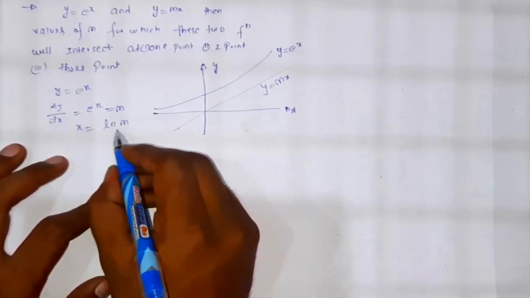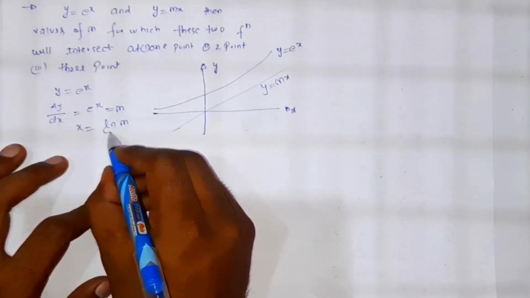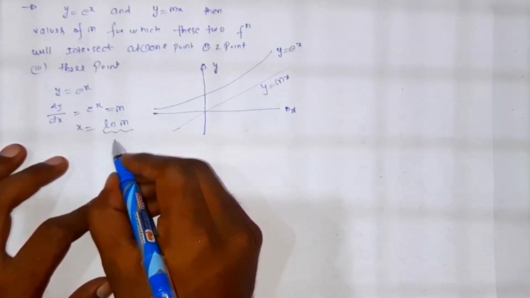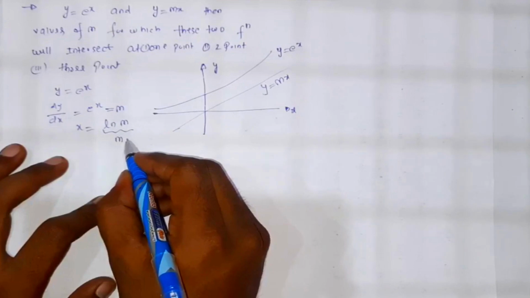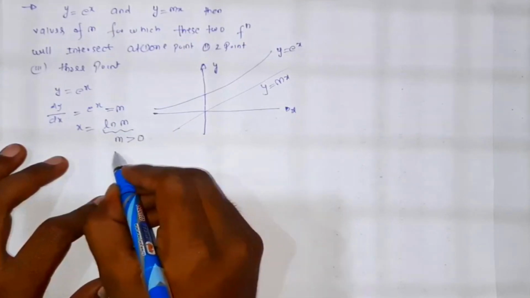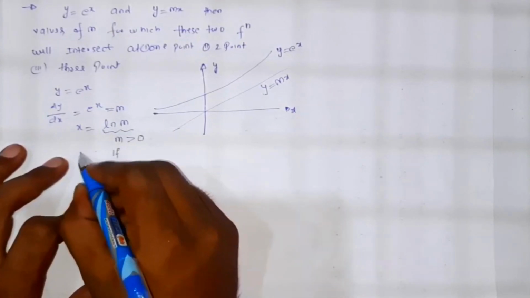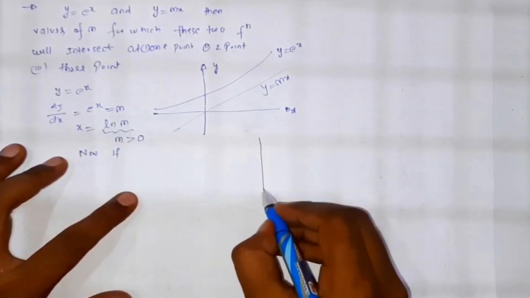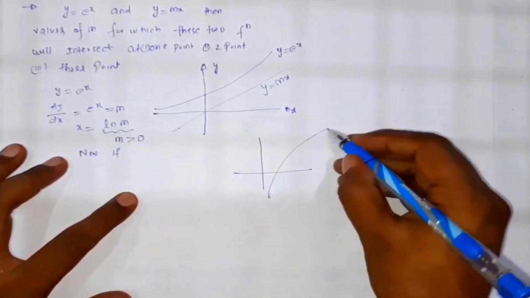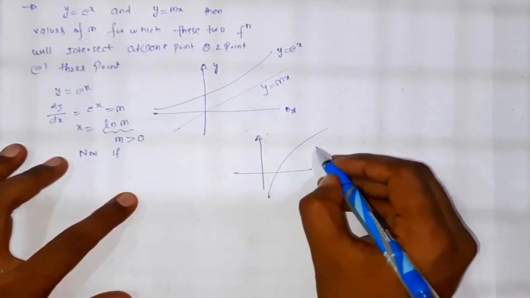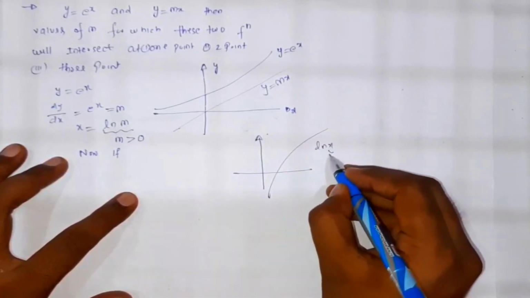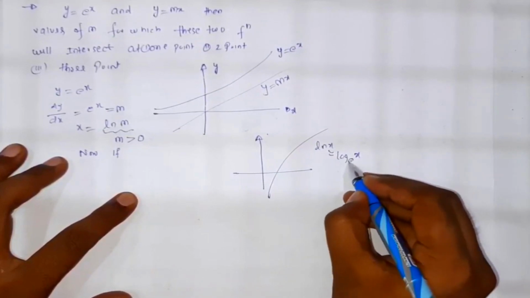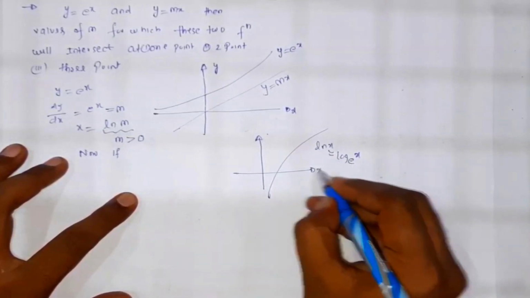Here I know this function will be defined only if m is greater than 0, because I know the graph of this ln function. ln x means log x base e. The function will be like that.